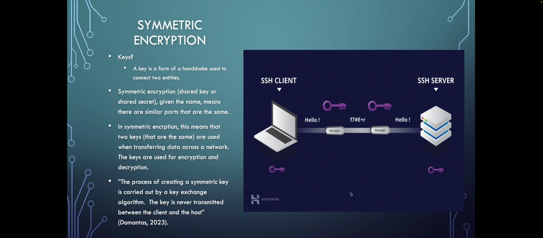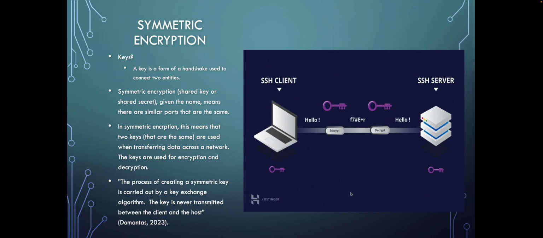The client and the server derive the secret key using that agreed-upon method when you establish a connection. It's important because these keys aren't just floating around waiting to be used. Once you form that connection, that's when the communication starts, and these keys are established specifically for the connection.